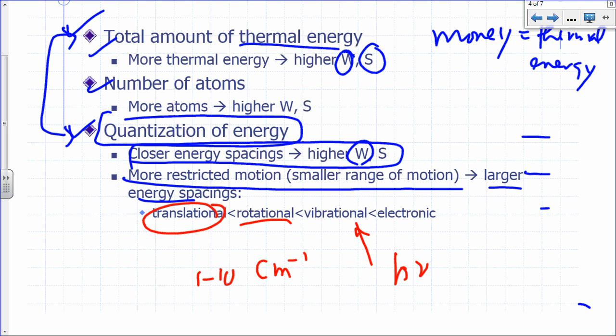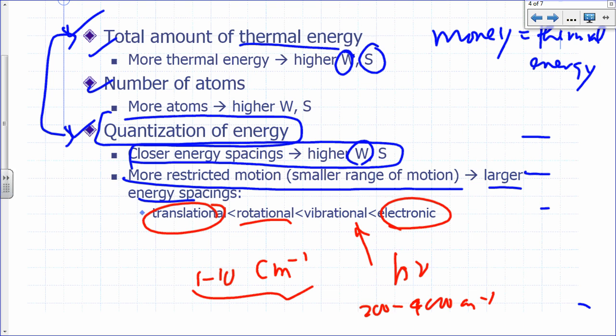What's the range that your IR spectrometer gives you? Mid IR is like 200 to 4,000 reciprocal centimeters. So you can see that's way larger than rotational energy level differences. And then the differences between allowed electronic energy levels would be even bigger.